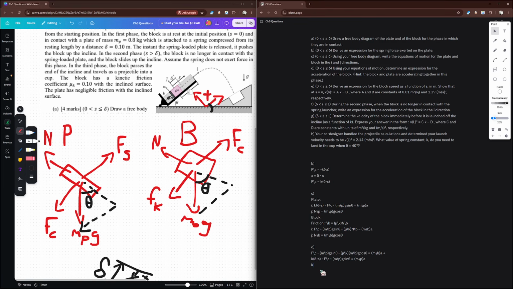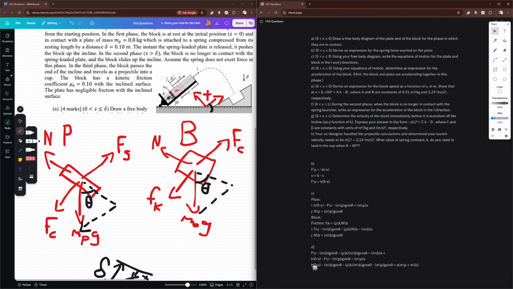So we get k of delta minus s, this whole thing, minus this, is equal to, and as you can see, these both have an a term, so I'm going to factor the a out: mp plus mb, like so.